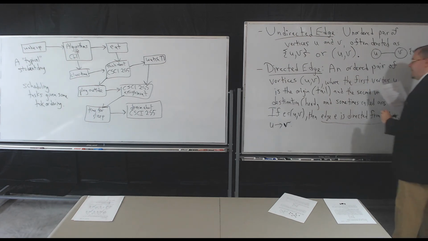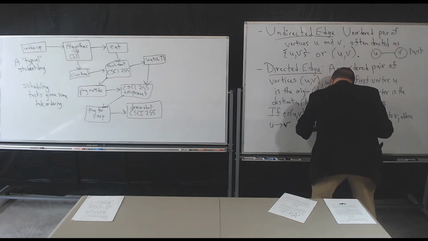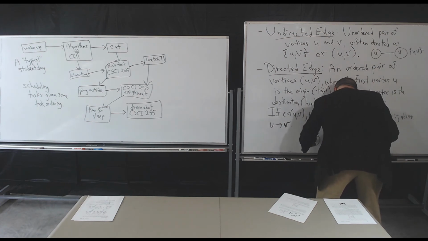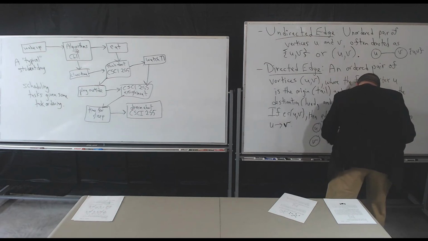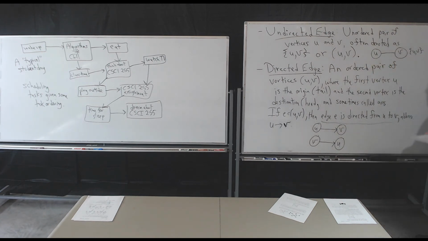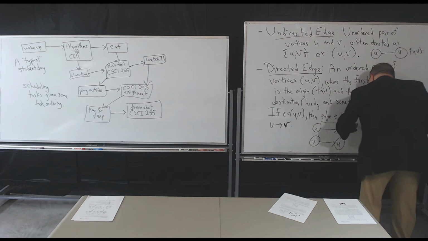However, a directed edge can be one of two possible ways. I can have U and V, and I can have a directed edge like this. If I go from U to V, that means the edge is (U, V).